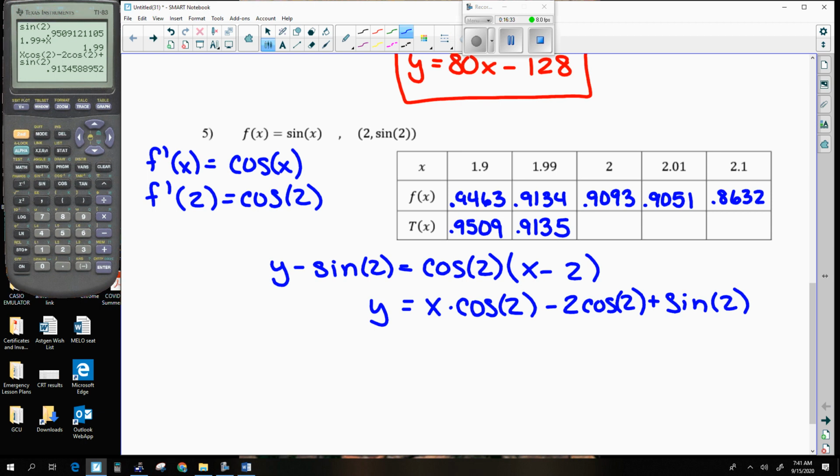Crazy close. This should be the exact same thing. Again, crazy close.